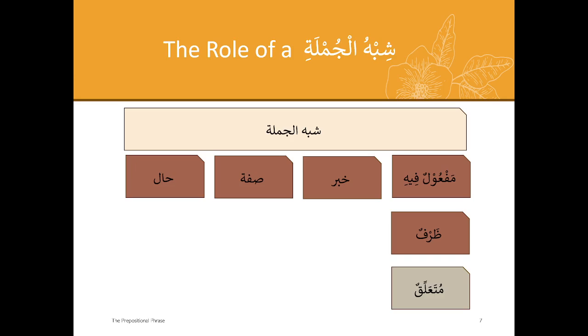Jumlah Fi'liyyah, Jumlah Ismiyyah, and a phrase. That means we have a phrase within a phrase. It can happen. We've seen this before, when we did understanding Quranic Arabic sentence structure, one of the lessons that we did.